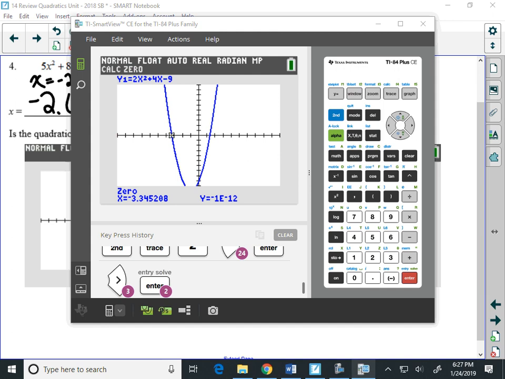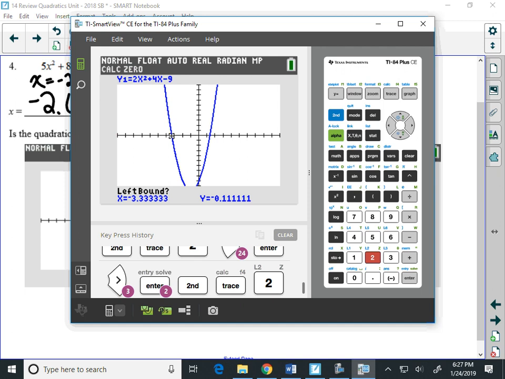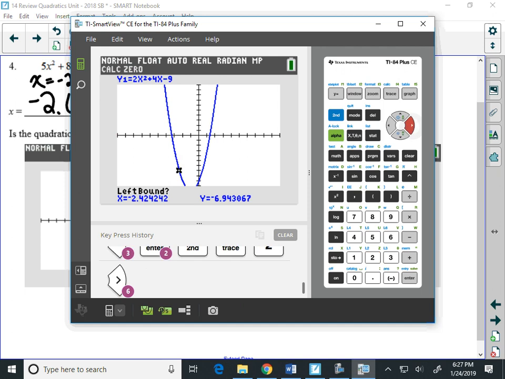So we're going to do that process all over again. Second, trace, 0. I'm going a little bit to the left. I'm going to stop there. You don't have to be in the exact same place as me.